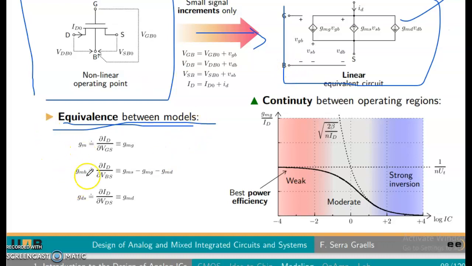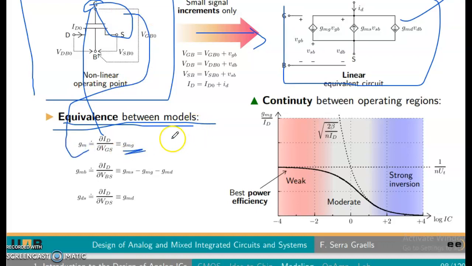Last, here in equivalence between models: GM in gate, GMG equals dou ID divided by dou VGS. That is called GMG.